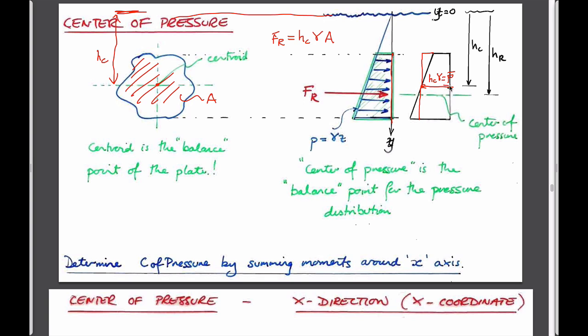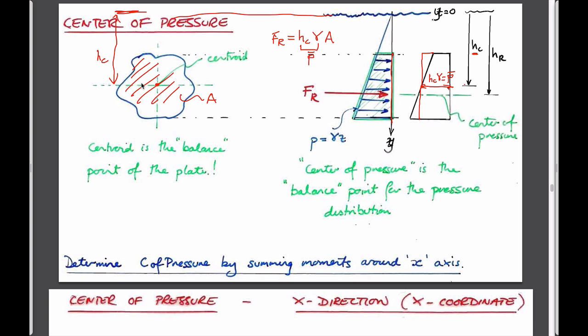Multiplying this average pressure by the total area of the plate, not surprisingly, gives you the resultant force on the plate. So always vertical, and always to the centroid of the plate, not the centroid of the pressure distribution. Doesn't matter if the plate is inclined or vertical, it's always the centroid of the plate, you know, the middle.